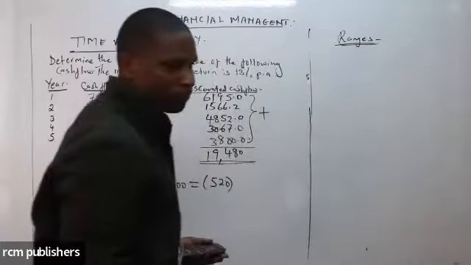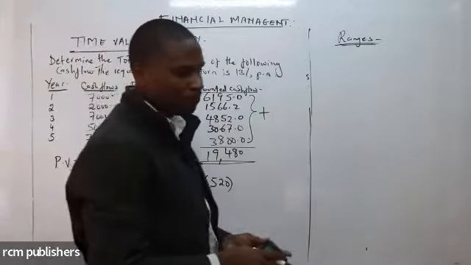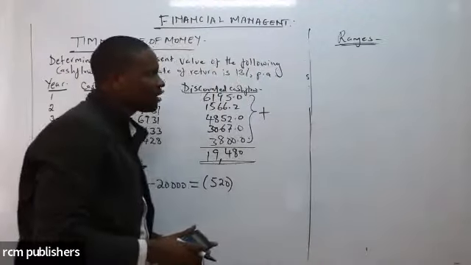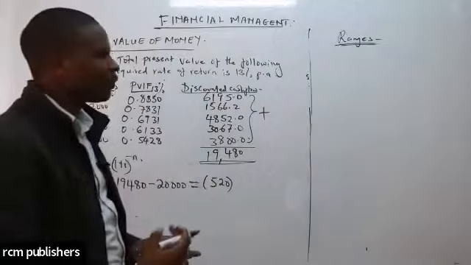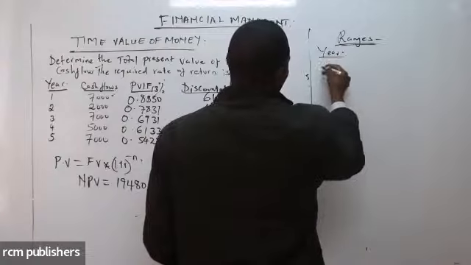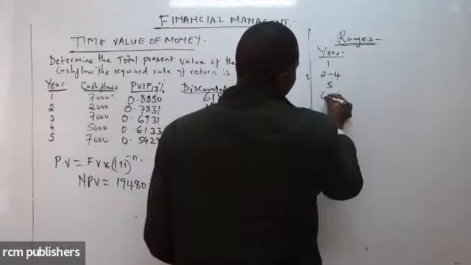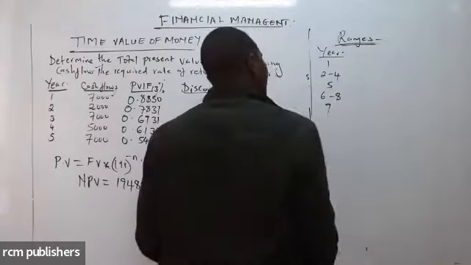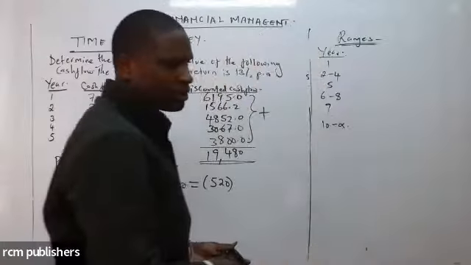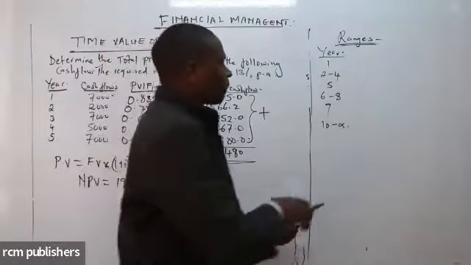Whether the examiner gives you cash flow, for example, for year 1, year 2 to 4, then year 6 to 8, then year 9, and another comes giving 10 to infinite. These types of cash flow. You are given cash flow in that form.